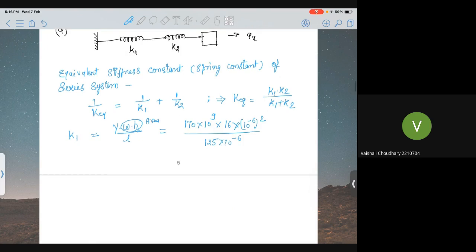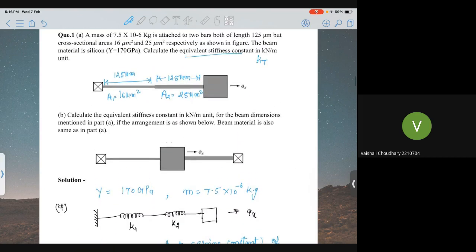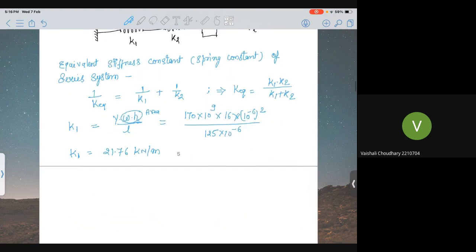Okay, so K1 will be 21.76 kilonewton per meter. We will not change kilo in Newton because we were asked to calculate in kilonewton per meter.